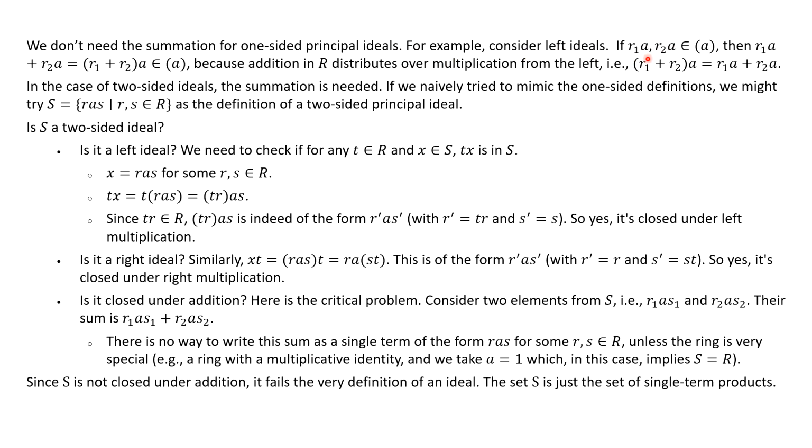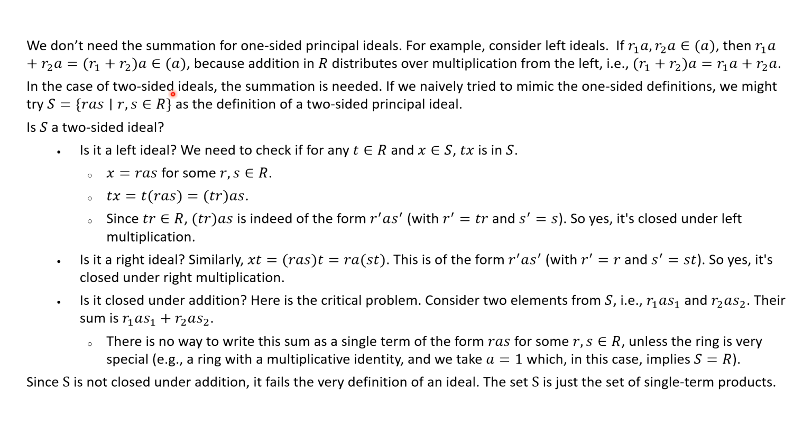If we take two elements in our left ideal A, then when we add them together, we can use the distributive law to get this form here. But then R1 plus R2 is in R, and so this is again in our ideal A, and so we have closure. We can do the same thing for the right principal ideals, and we would have closure again.